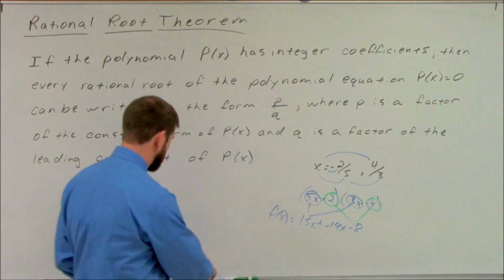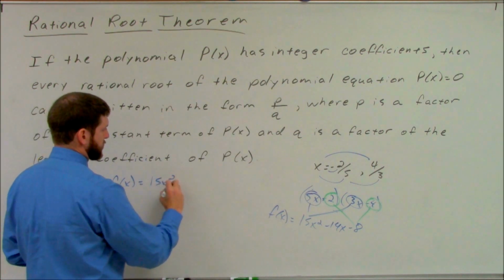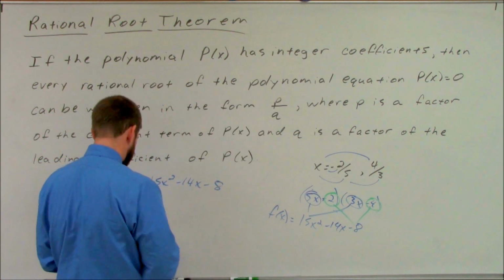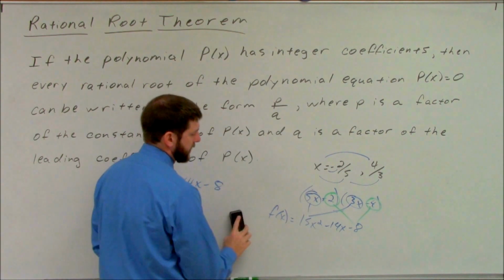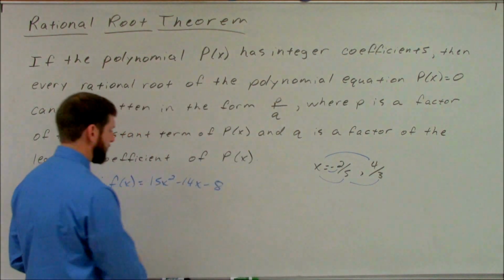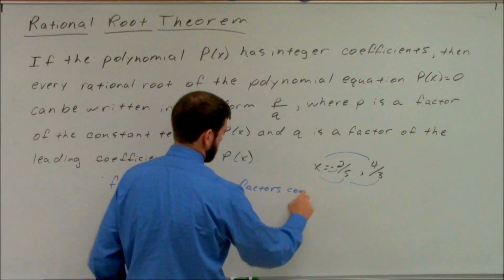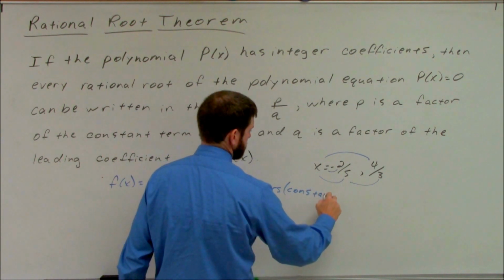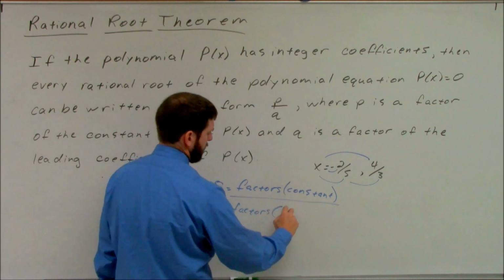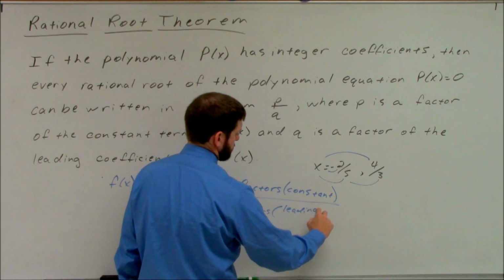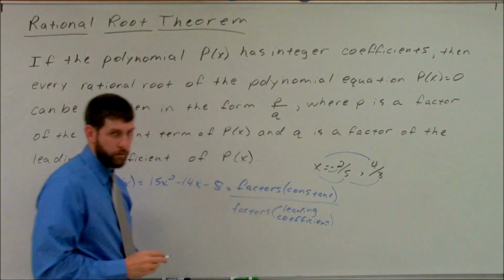So if I'm looking at this polynomial, f of x is equal to 15x squared minus 14x minus 8, and I didn't know that those were my roots, I could generate a list containing those by taking all the factors of the constant and dividing it by all the factors of the leading coefficient. That's the rational root theorem.